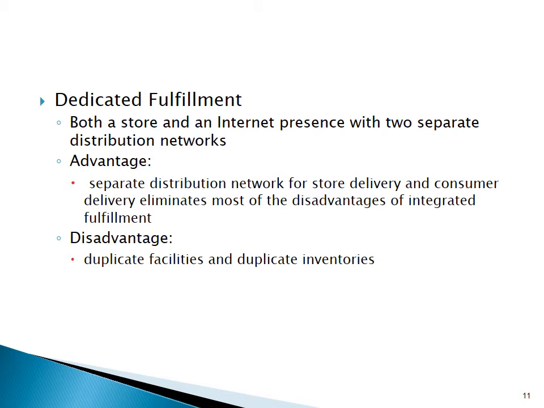Okay, so that's an advantage. But the disadvantage is there is duplication of facility, there are two distribution centers, and duplication of inventory. You've got to have inventory in both locations, so that is a disadvantage. Now you understand nothing is foolproof, so based on your requirement you have to plan the outbound shipment to customer. Different companies, based on their business strategies, determine which is their best option.